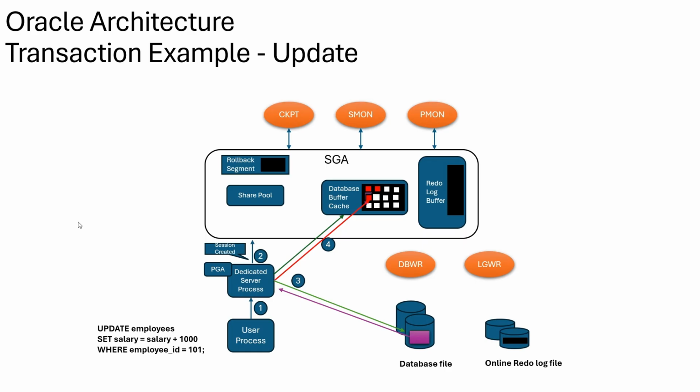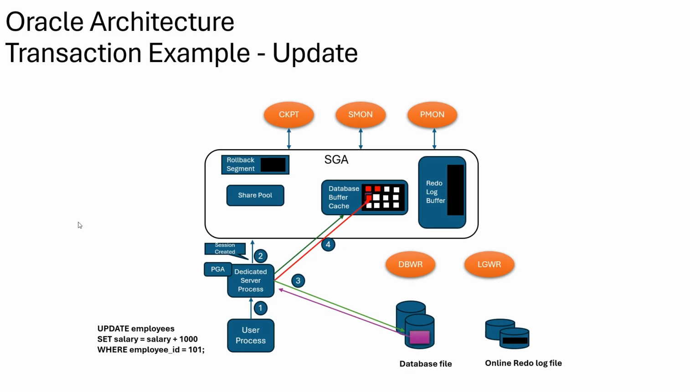That's why the current state of the data block has become a dirty block. You cannot remove dirty blocks unless you move those dirty blocks to the data file. So what will happen next?